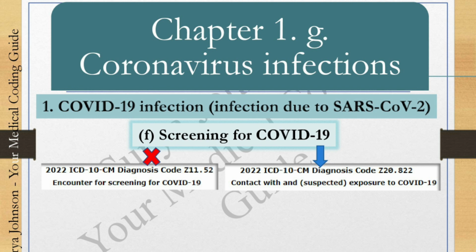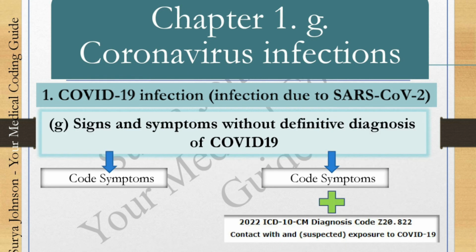So whenever a patient is coming for screening, the patient should be considered as a contact with or suspected exposure to another COVID-19 patient. So you should always consider a patient who is coming for screening as an already exposed or contact with COVID-19 case. So Z20.822.